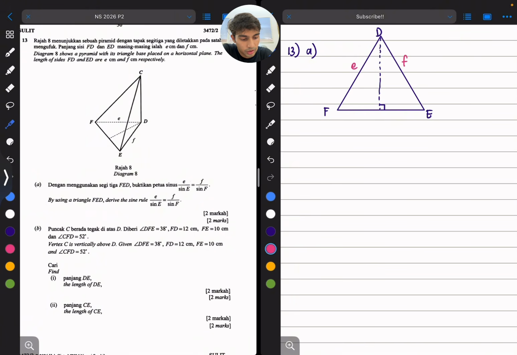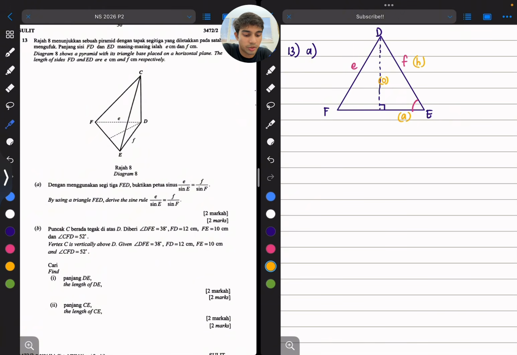Right. So now we want to use the sine rule. So here we want to prove the sine rule. So here they use angle E, angle F. This is angle E and angle F. Okay, let's try using angle E first. So from angle E, this will be the adjacent, this will be the opposite, this will be the hypotenuse.